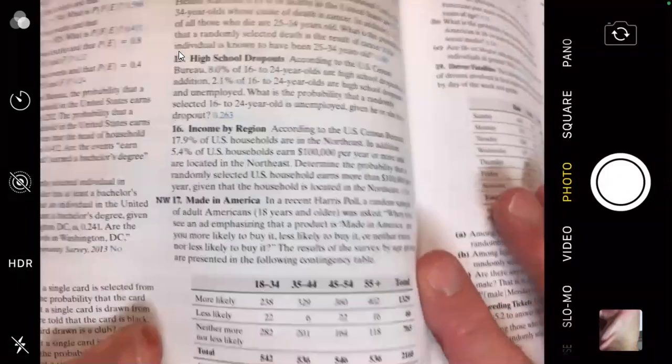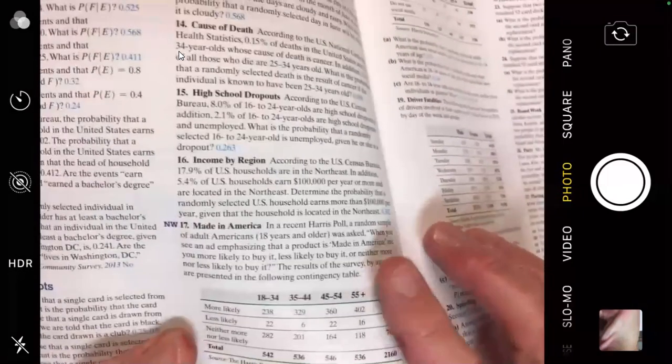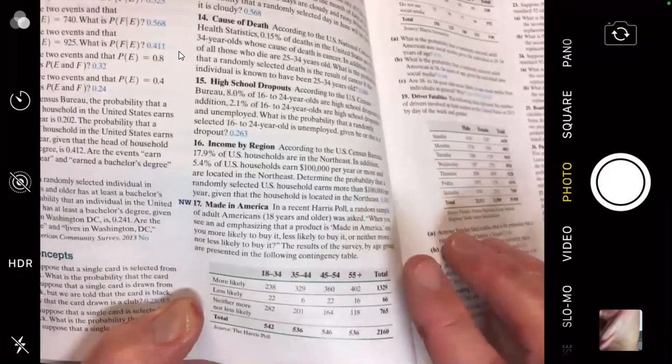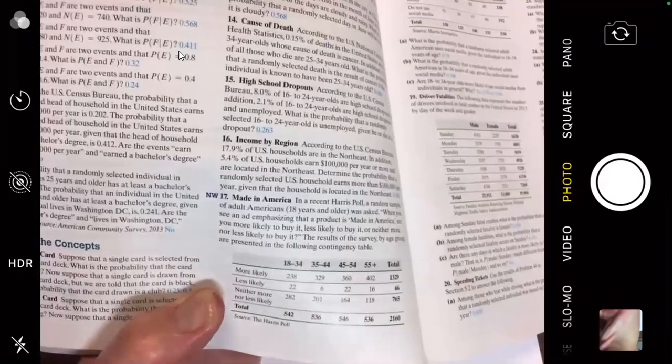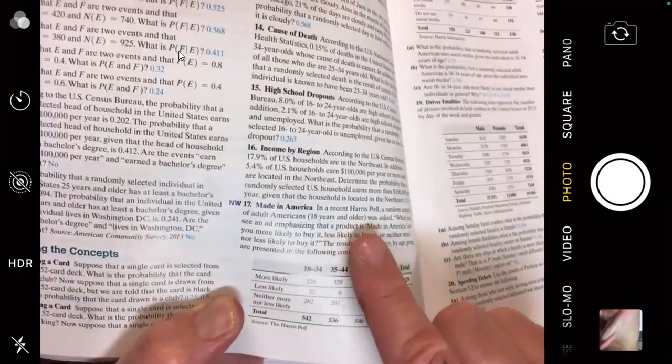A recent Harris poll: a random sample of adult Americans, defined as 18 years and older, was asked, when you see an ad emphasizing that a product is made in America, are you more likely to buy it, less likely to buy it, or neither more or less likely?